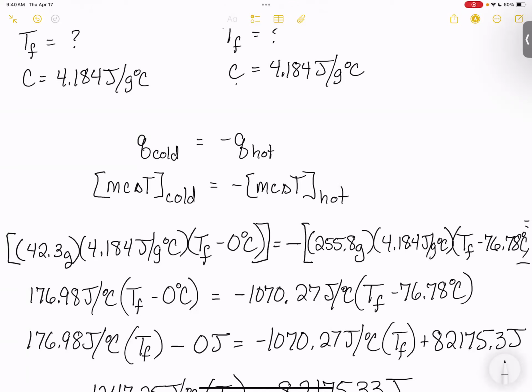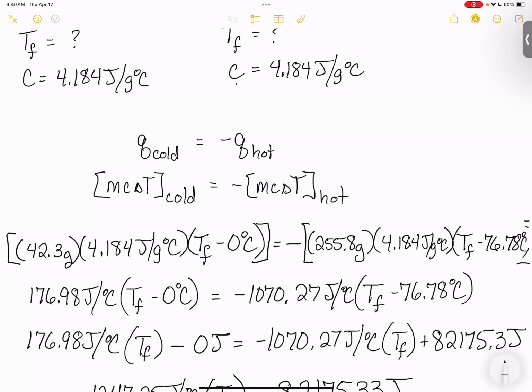I then multiplied the mass times the specific heat to get 176.98 joules per degree Celsius. And over here, I multiplied the negative times the mass times the specific heat to get negative 1070.27 joules per degree Celsius.